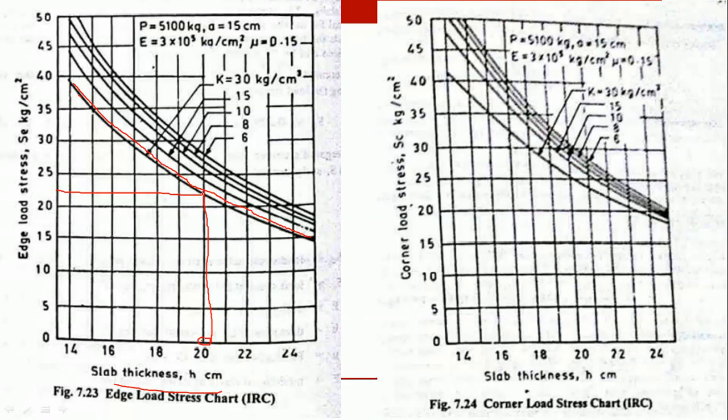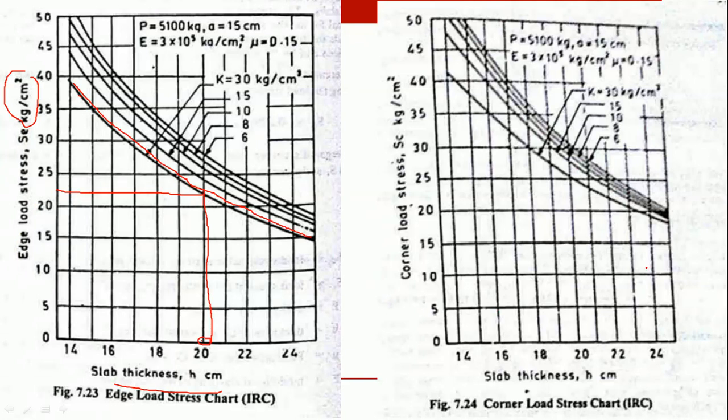So 20 is there, above 25 is there, so it is approximately 22 or 23, in kg per centimeter square. So you can directly write from figure 7.23, the edge load stress chart from the IRC code: for a 20 centimeter pavement thickness and modulus of subgrade 30, the edge load stress is 22 kg per centimeter square.